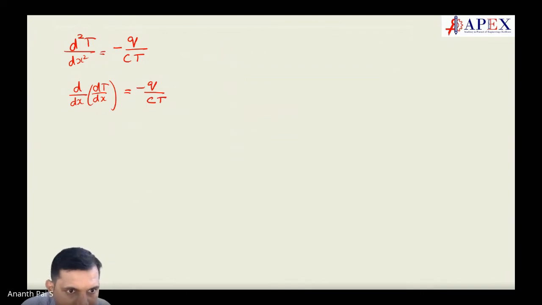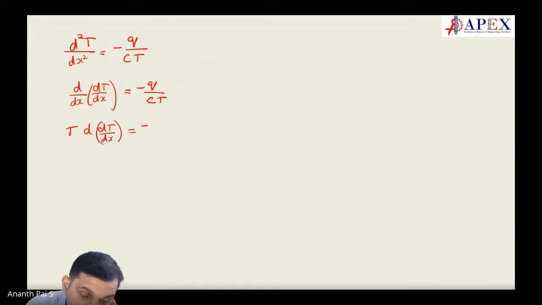So let this t go here. So we write d of dt by dx is equal to minus q by c t dx.